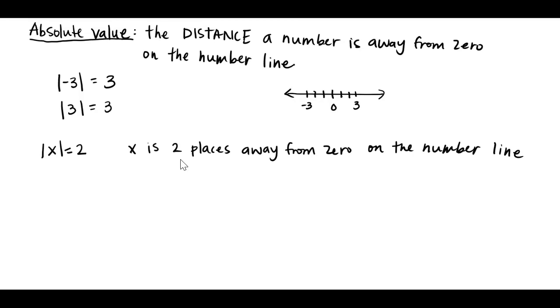So if I'm thinking of a number line here, right, and 2 places away from 0, well, if I go to the right, +2 is going to be one of my answers, but also -2 is also 2 places away from 0 on the number line. So 2 and -2 would be my answers there. Okay, so just make sure you're understanding what we're meaning here.